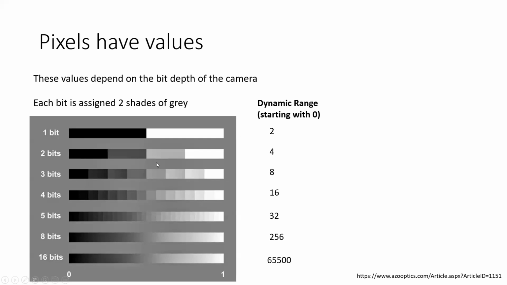Something which is 3 bits has got 8 shades of gray, 2 to the power of 3, and so on. When you look at a confocal image, it's either 8 or 12-bit, and 12 bits is 4095. So about 4,000 shades of gray for a 12-bit image.